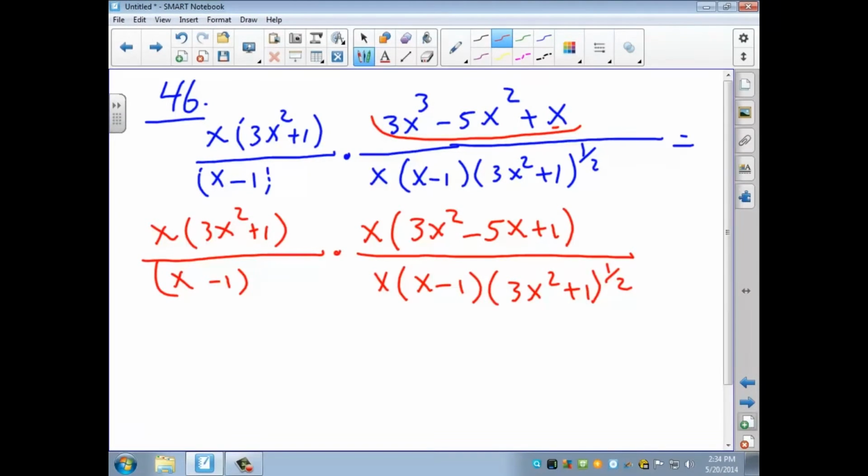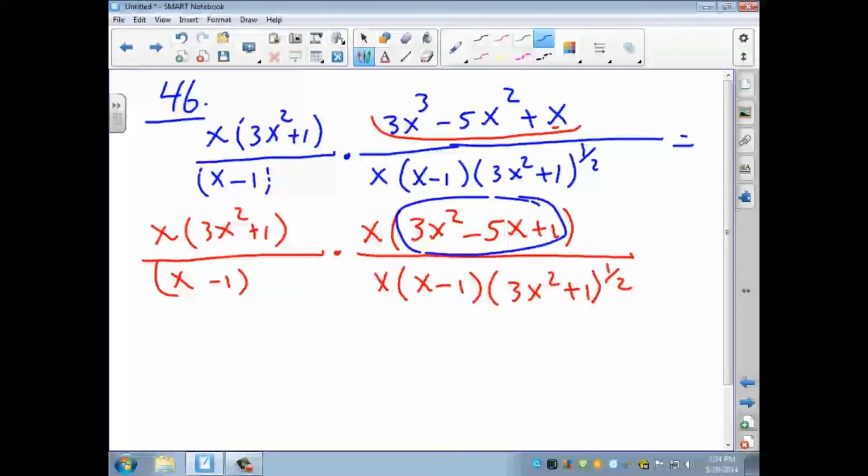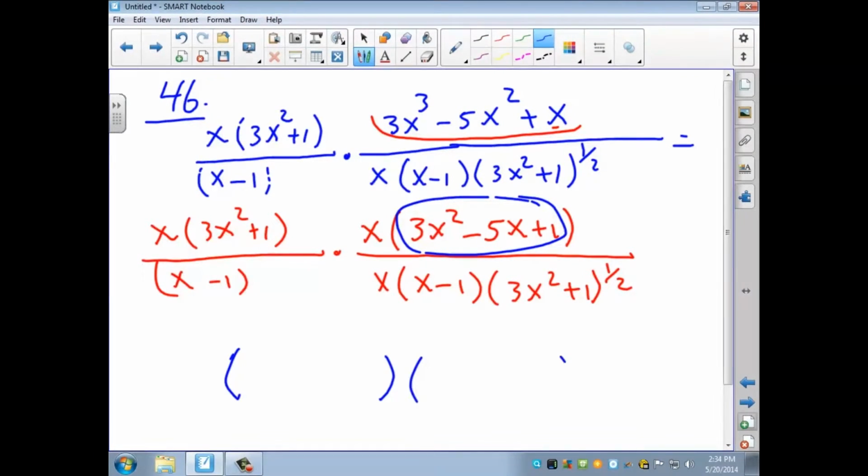Now I need to see if there is anything else that can be factored out. This numerator, let's see if this part of it as a trinomial can be factored. It should factor into two parentheses if possible. One would be 3x here and x here, minus 1 and a minus 1 here.